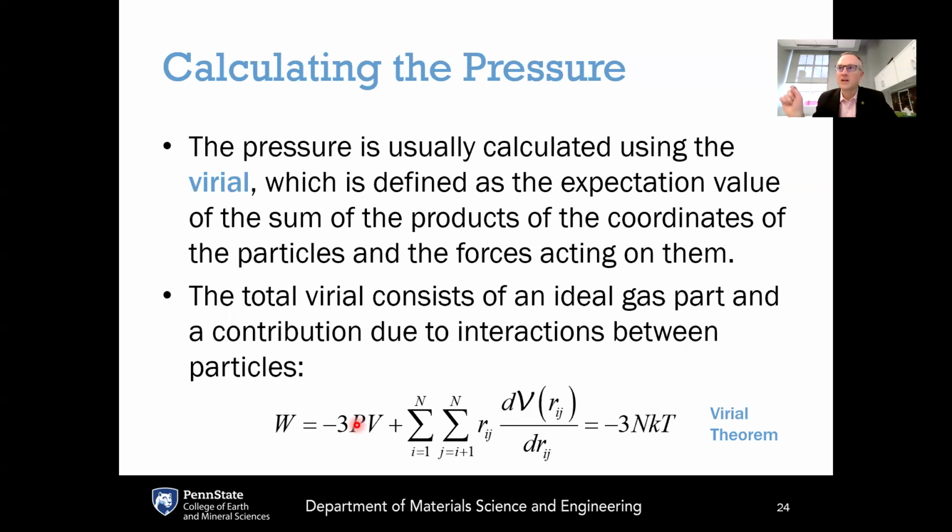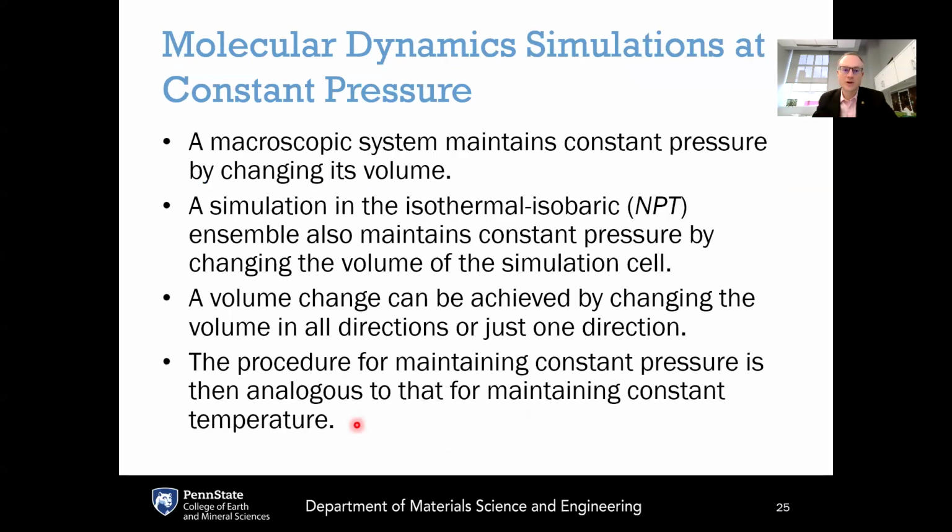So if you've got an NPT simulation, you'd be calculating the temperature, rescaling the velocities to maintain that constant temperature every so many time steps. For the constant pressure part, you'd be calculating the pressure using this barostat, and then rescaling the volume to maintain the constant pressure. So a macroscopic system maintains constant pressure by changing its volume.